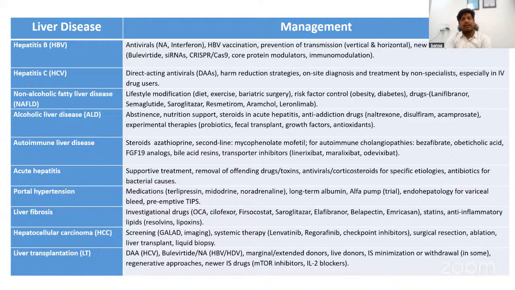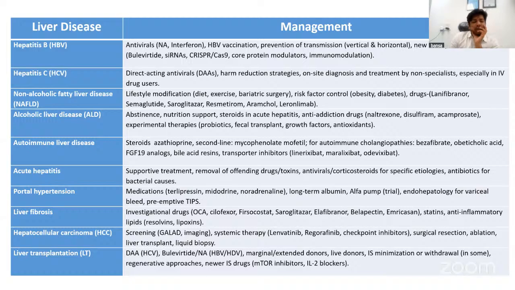Hepatitis C directly acting agents are available, which have a high SVR rate. For NAFLD: lifestyle modification, risk factor control, drugs. For alcoholic liver disease, generally no pharmacological measures are available, only abstinence and nutrition support. Steroid can help in acute hepatitis.